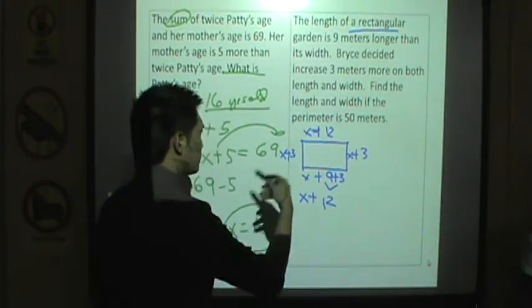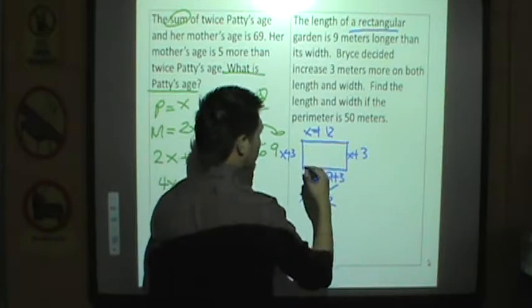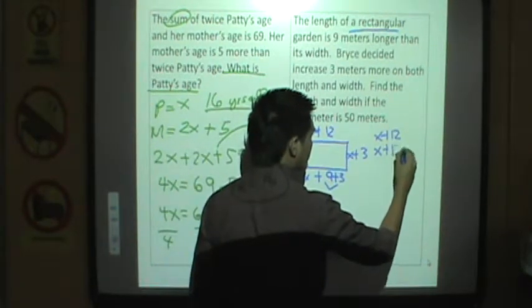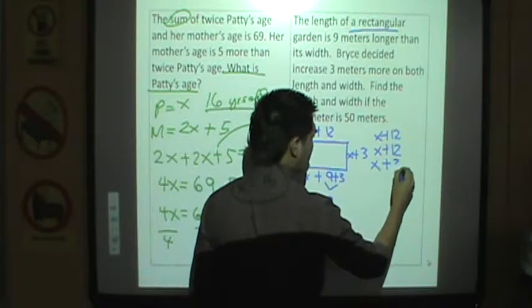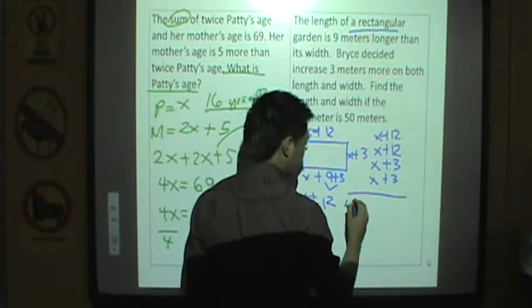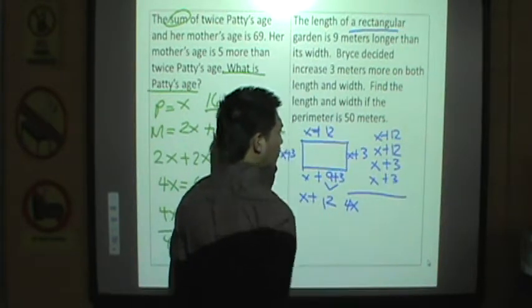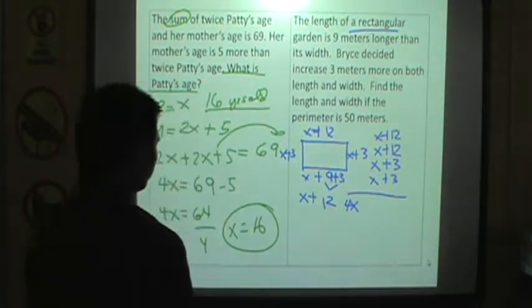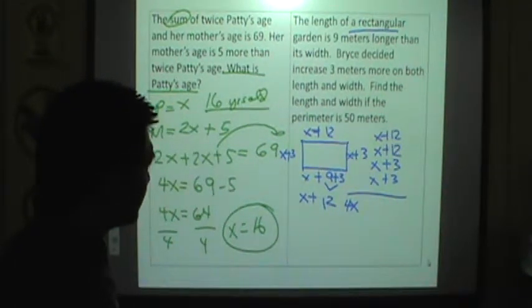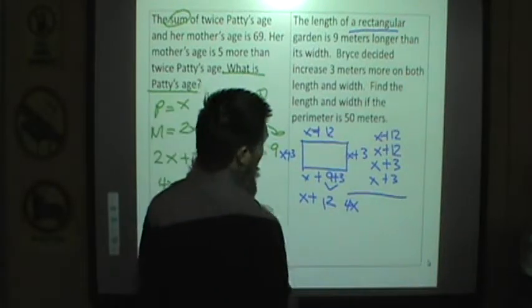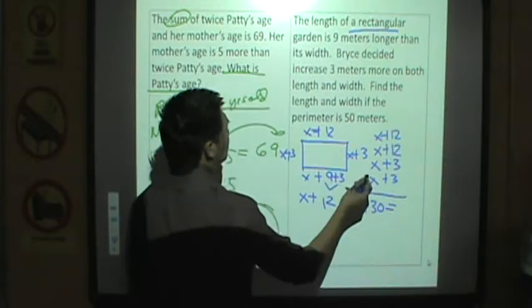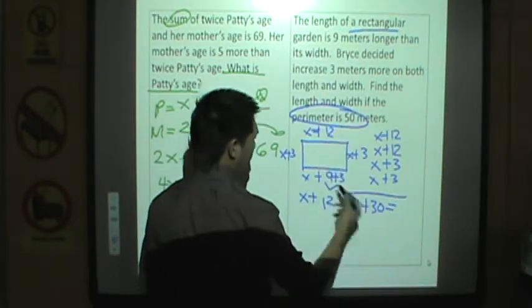So if we add all the sides, we have x plus 12, and then x plus 12, and then x plus 3, and then x plus 3. We got 4 x's. We got 12 plus 12 is 24. 24 plus 6 is 30. Plus 30 equals, he knew that the perimeter will be 50.